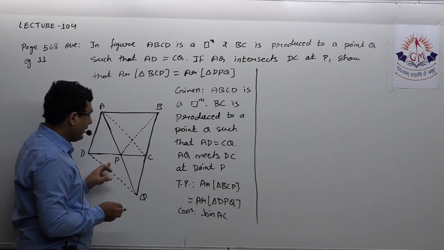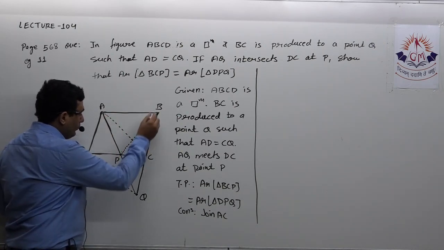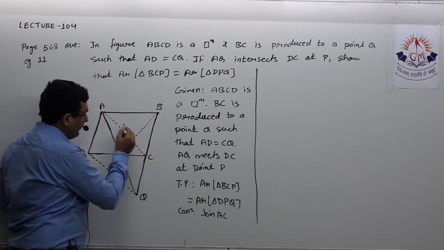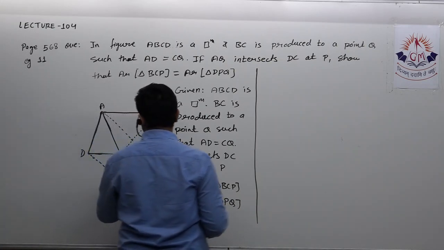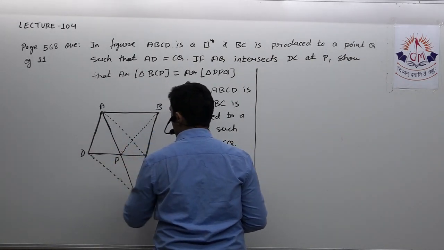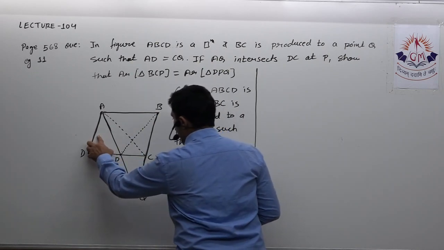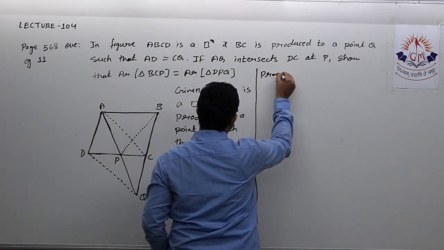Now APC is equal to BCP because they are on the same base and between the same parallels. So we'll get our result. First we need to prove that ADQC is a parallelogram, and for that we need AD parallel to CQ. So let us see its proof.